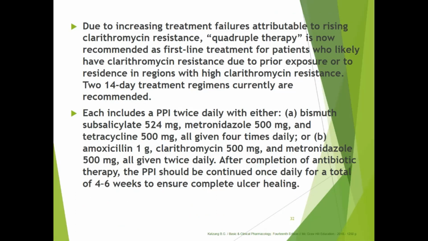Due to the increase in treatment failures attributable to the rise in clarithromycin resistance, quadruple therapy is now recommended as first-line treatment for patients who likely have clarithromycin resistance due to prior exposure or residence in a region with high clarithromycin resistance. Two 14-day treatment regimens are currently recommended.